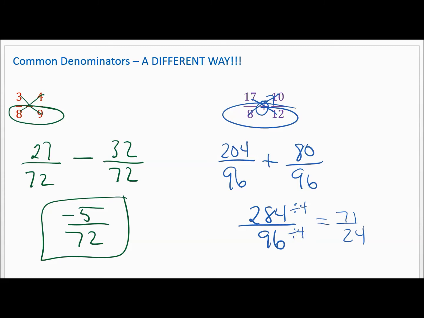So your numbers get really, really big, especially if you're doing problems that have really, really large numbers. So my encouragement to you is to try it the other way. But if you're desperate, remember what you do. You cross this way, and you put that number in the top, multiply that way, put that number in the top, and then multiply the bottom, and that's what goes in the denominator.